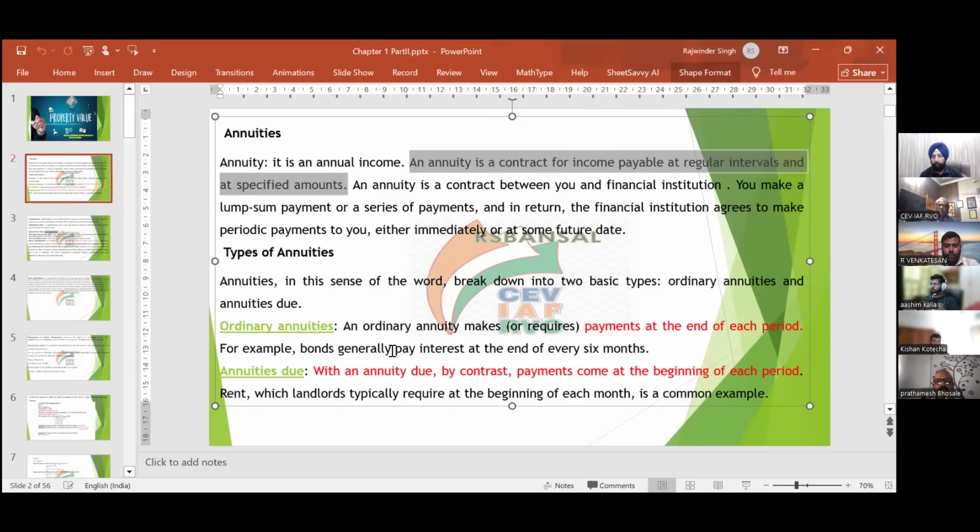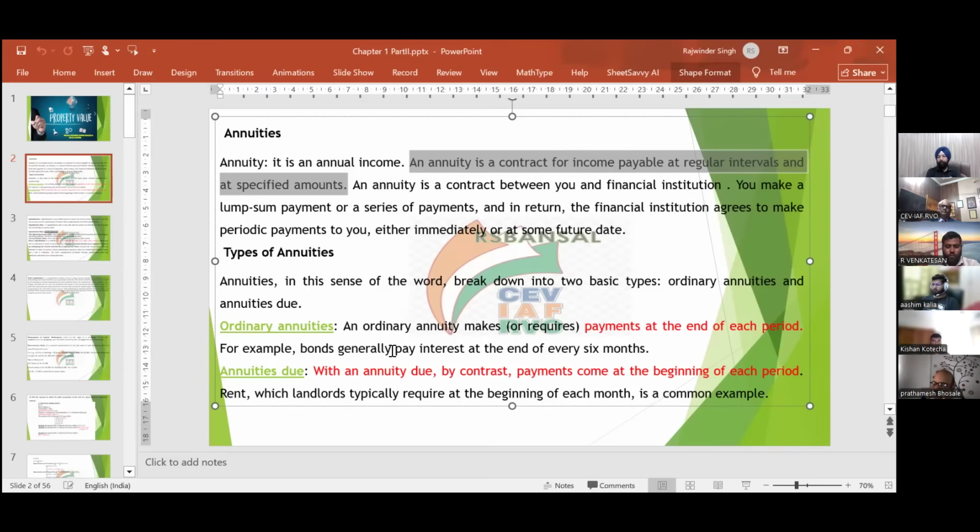There are two types of annuities. One is ordinary annuity and the other one is annuity due. Ordinary annuity is where payment is made at the end of each period. For example, bonds generally pay interest at the end of every 6 months. Annuity due means payment comes at the beginning of each period.